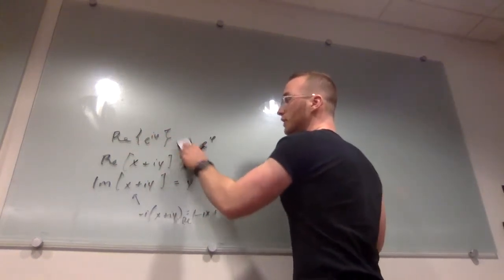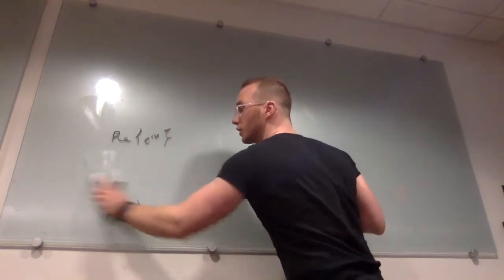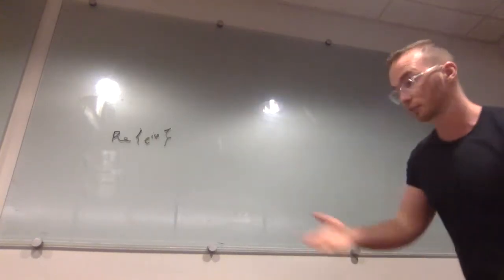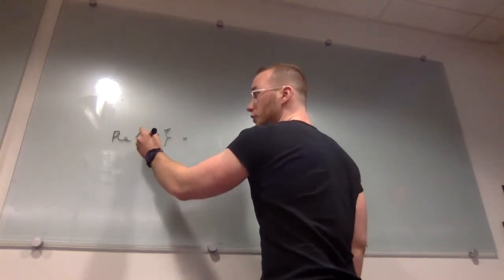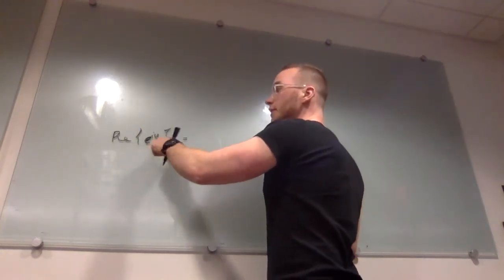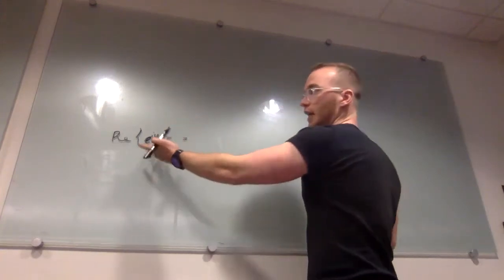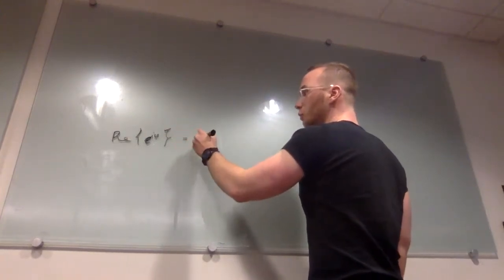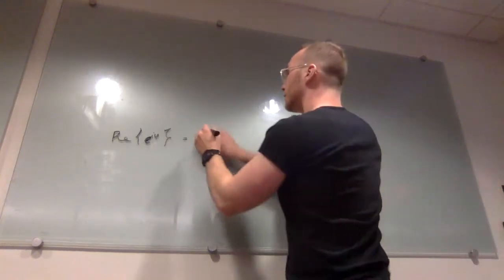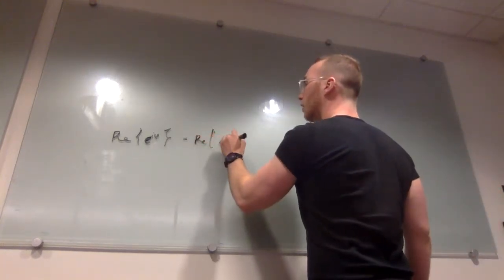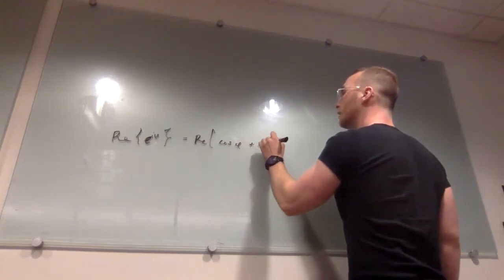To get what this is actually equal to, we have to somehow break it up into x plus iy. But it's not obvious at all, unless you know how to do it, what this is going to be in real and imaginary parts. It looks like just some weird function. But of course, we know that this is the real part of cosine phi plus i sine phi.